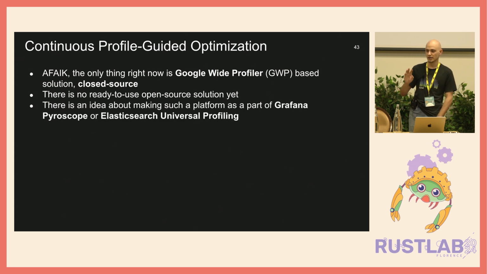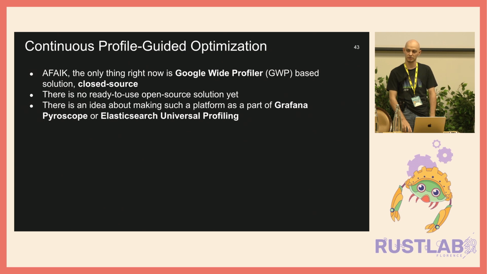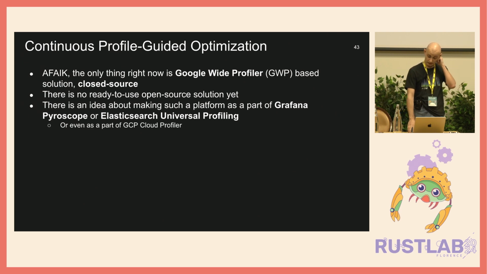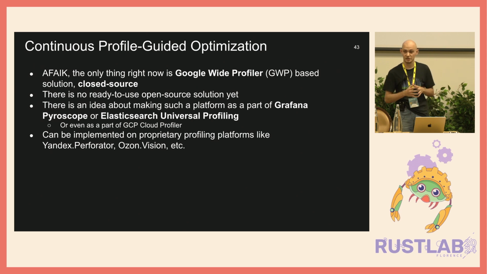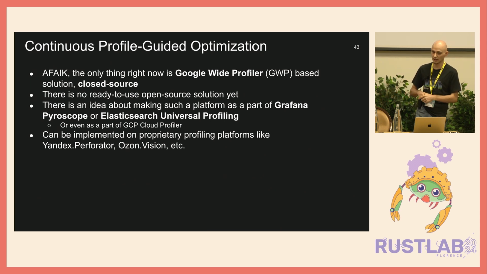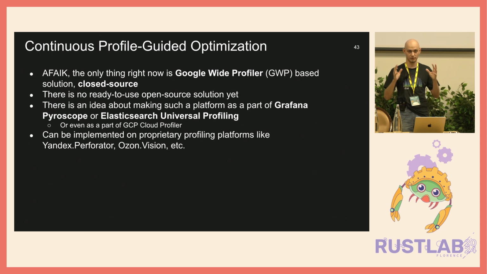There are discussions about implementing one based on Grafana Pyroscope and the Elastic Universal Profiling platform, but nothing to try yet. There are also some discussions about implementing it as a part of GCP based on Cloud Profiler, and it can be implemented on some proprietary stuff, as large companies have proprietary profiling platforms.